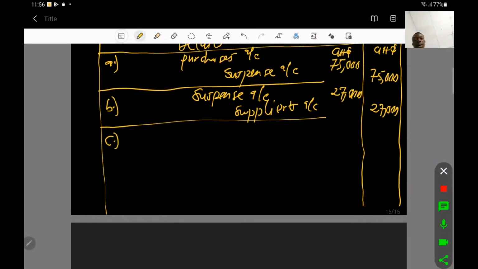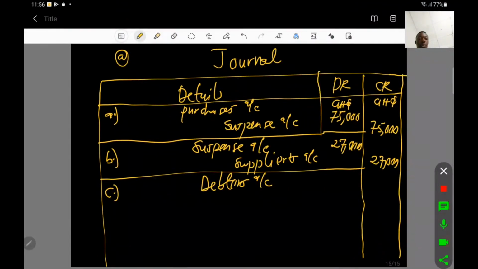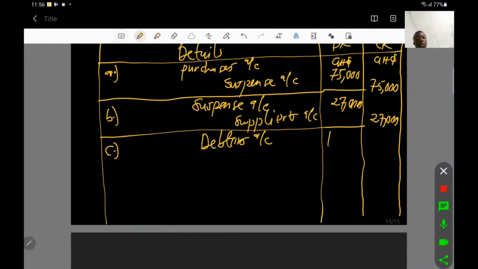Alright, so all that we'll do here is to say that the debtors account needs to be debited with what? 160,000.